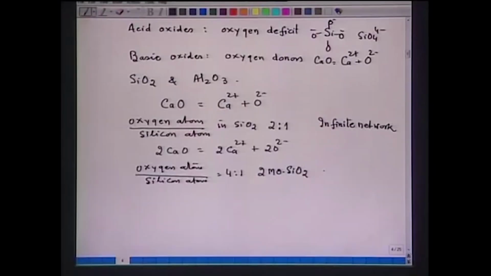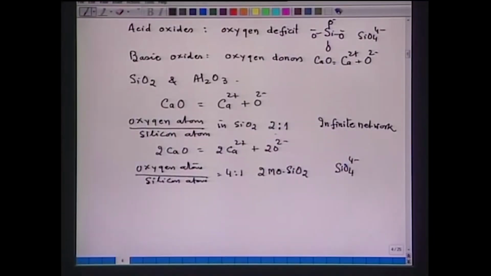In that case, what will happen? All links are broken, and the ionic species which will be available after the addition of 2 moles of calcium oxide, or 2 moles of any basic oxide, is SiO4 4- in the slag, and the size of this entity is very small, and therefore the viscosity of the slag decreases drastically.